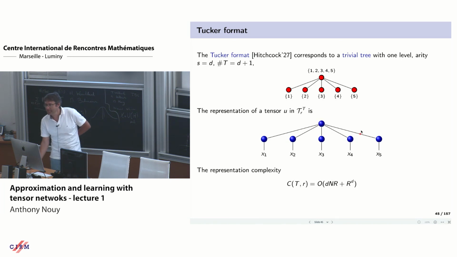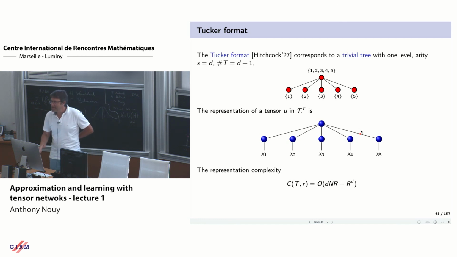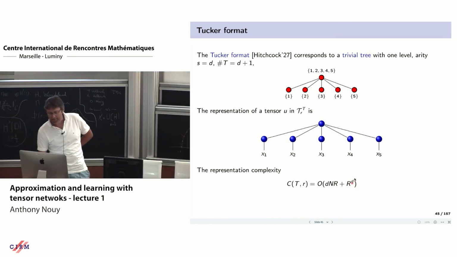As many indices as the number of dimensions. So if you work in dimension D equal 100, maybe the ranks are not too high, but the complexity of storing this will be the rank to the power D. You see it. Okay? The storage of the leaves is okay, but here you have a curse of dimensionality in this format, which is quite evident, because you have a core tensor of very high dimension.